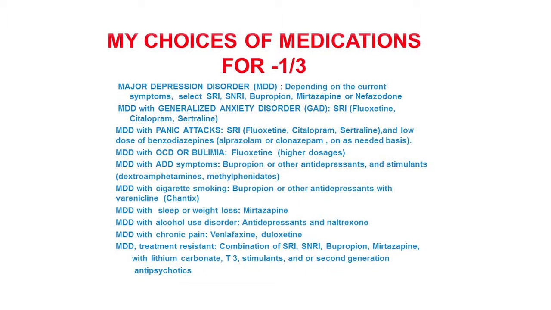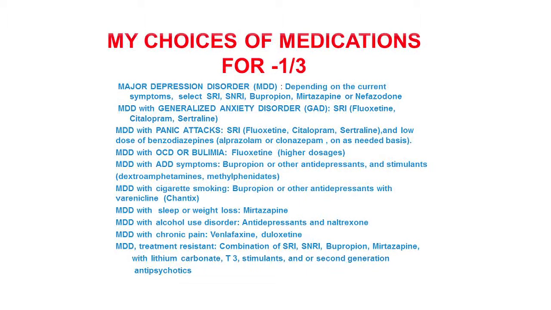But again, these are matched to the symptoms. Namely, somebody is not eating, somebody is not sleeping, has lost a lot of weight, I'll go for mirtazapine. And if somebody has got problems with any kind of attention and focus, I'll probably pick bupropion.